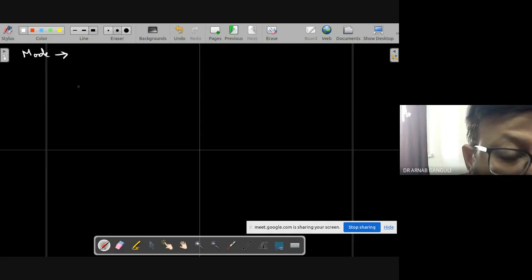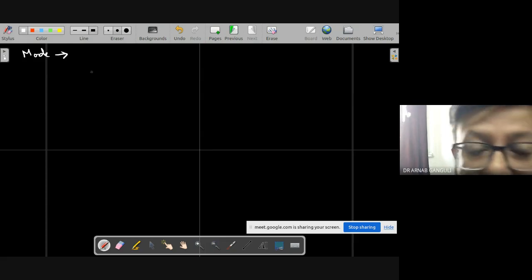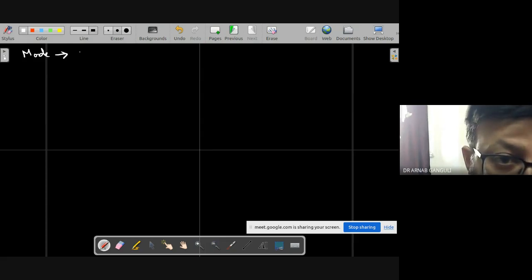The mode is the value which is repeated the maximum number of times.